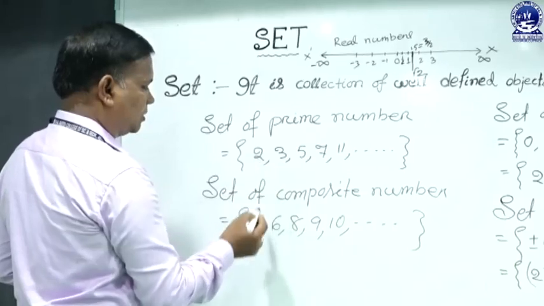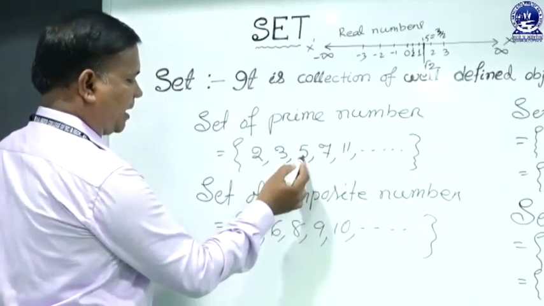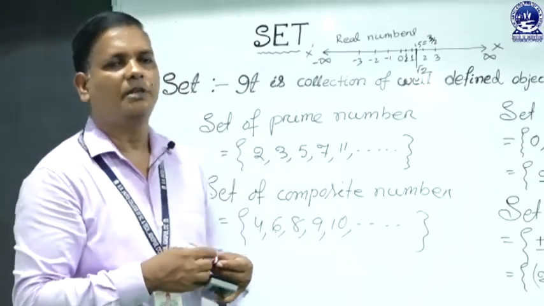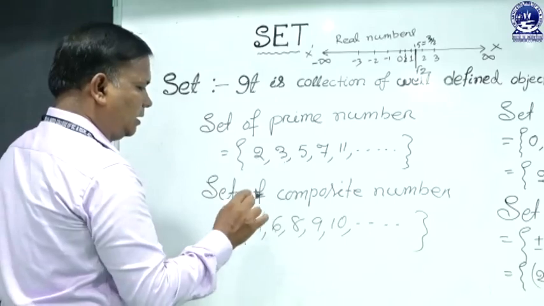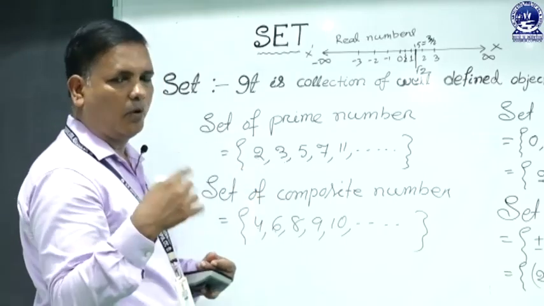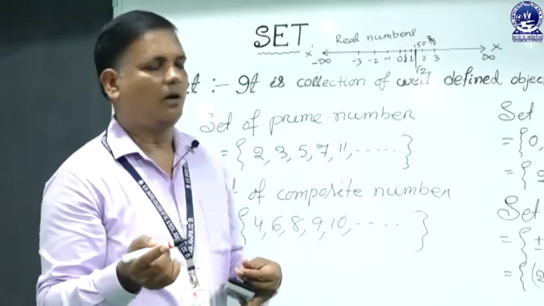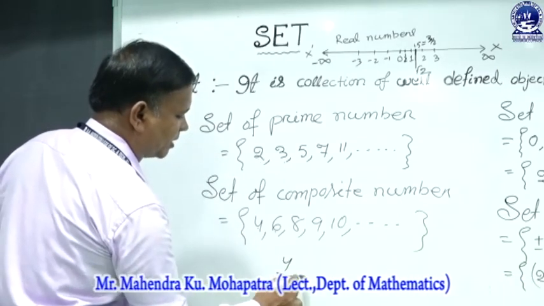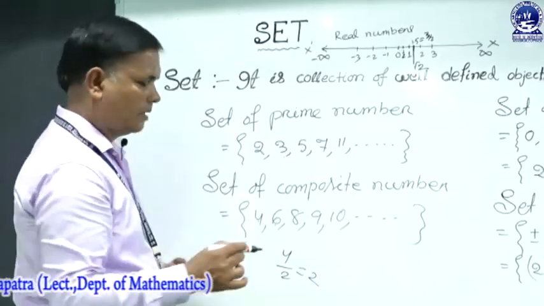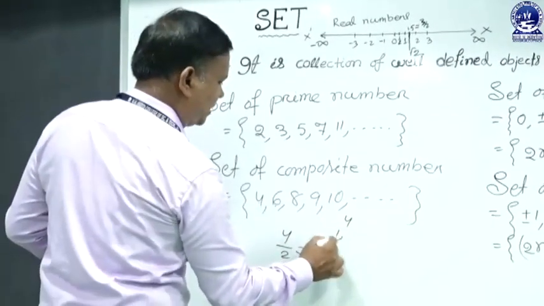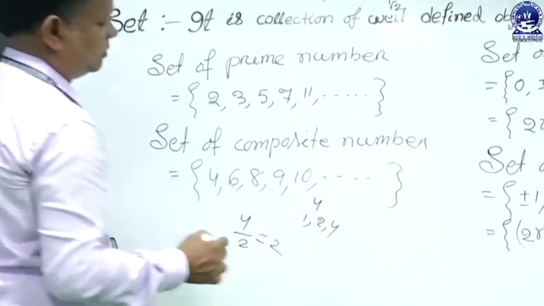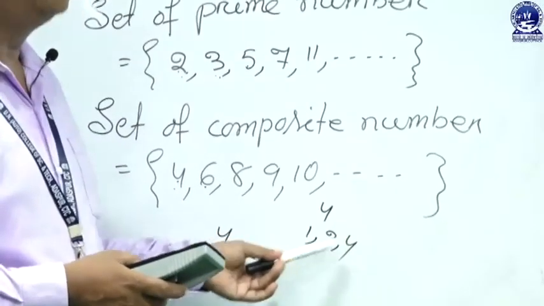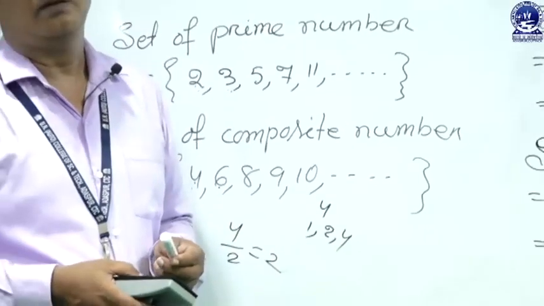The remaining numbers are called composite numbers. Any natural number that has more than 2 factors is called a composite number. That means 4 is divisible by 2, so 4 is a composite number. 4 has the factors 1, 2, 4. That means 4 is divisible by 3 numbers, 1, 2, 4. So 4 is a composite number.